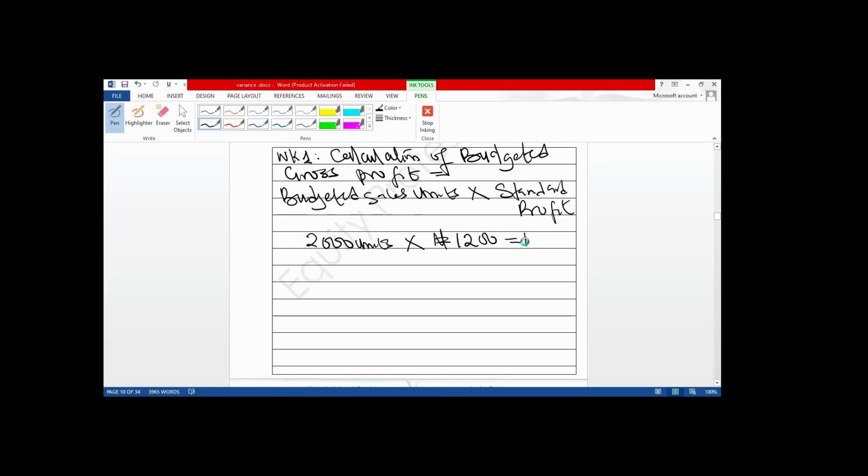This is equal to 2.4 million, or 2,400,000. You have gotten the budgeted profit. The company wants to achieve 2.4 million at the end of the month.